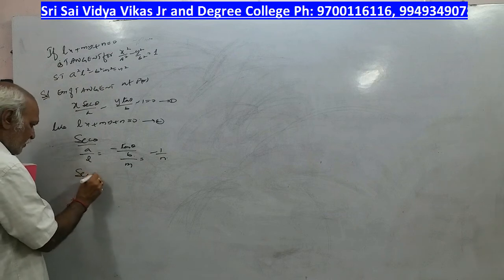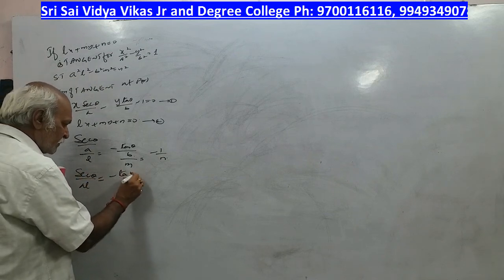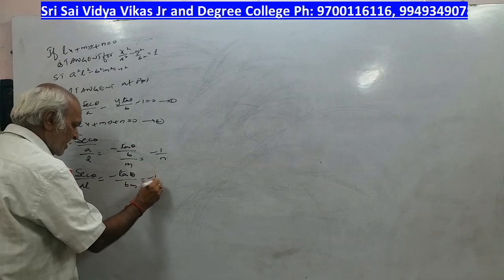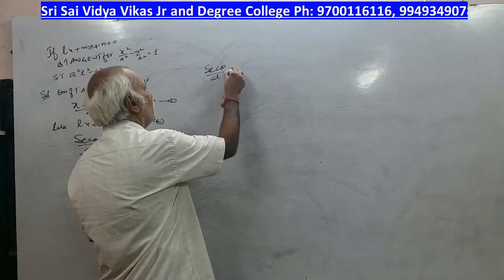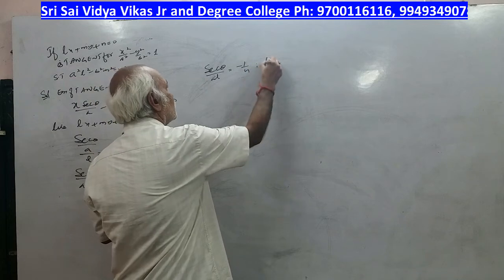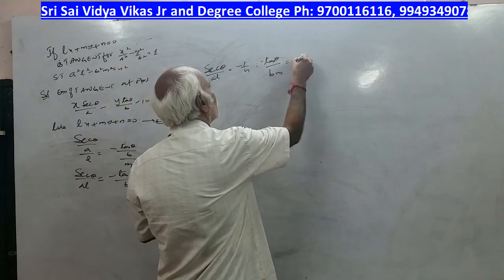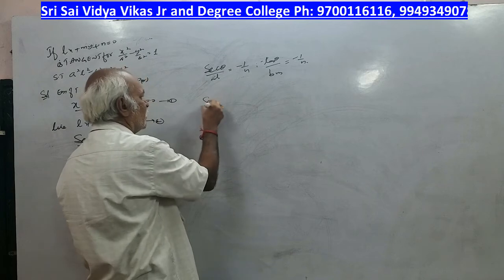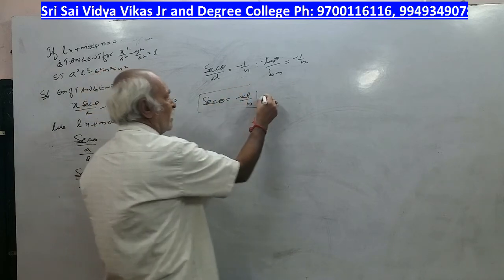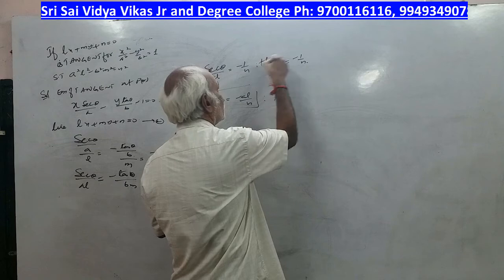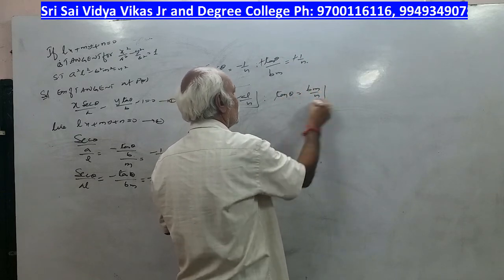So secant theta by Al is equal to minus 1 by n, minus tan theta by bm is equal to minus 1 by n. So secant theta is equal to what, sir? Minus Al by n. And what is tan theta? Here minus sign will get cancelled. Tan theta is equal to bm by n.